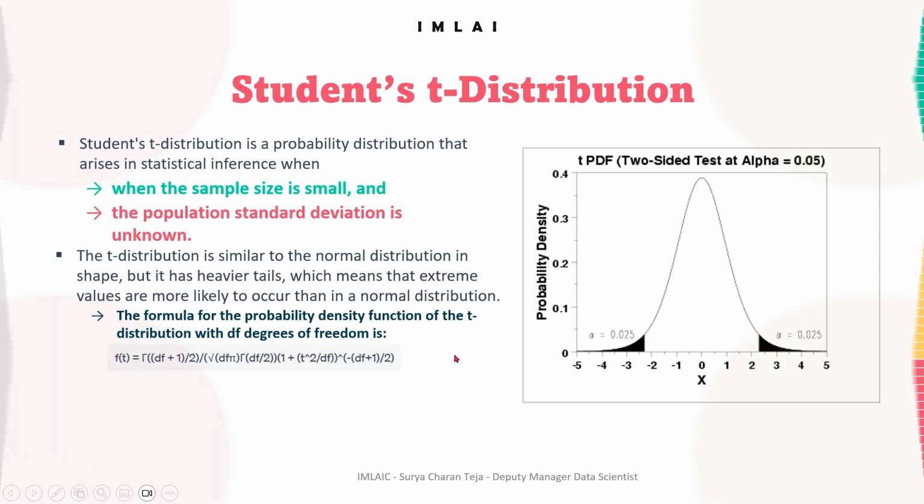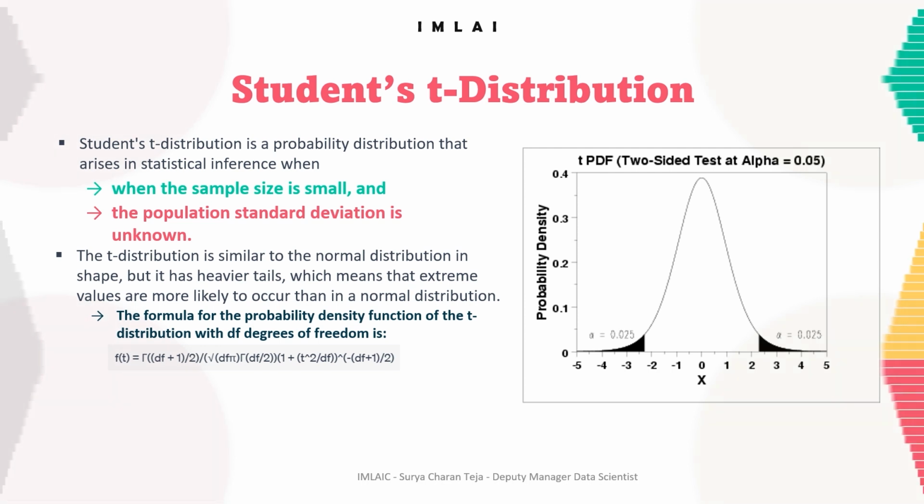So this is the probability density function of Student's t distribution, with df degrees of freedom, given here.